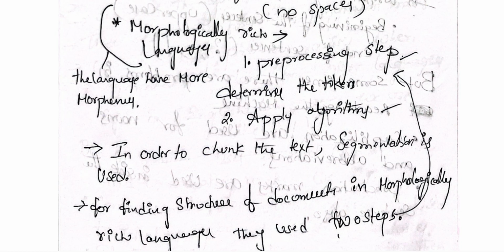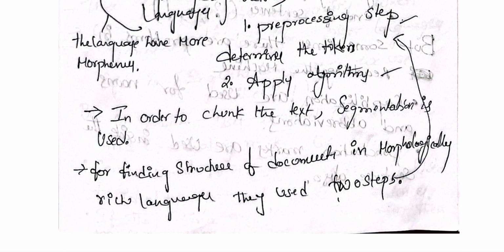In order to chunk, that means to divide the text, we use the segmentation procedure. So for finding the structure of a document in morphologically rich languages, they use these two steps: first the pre-processing step, and second applying the algorithms.